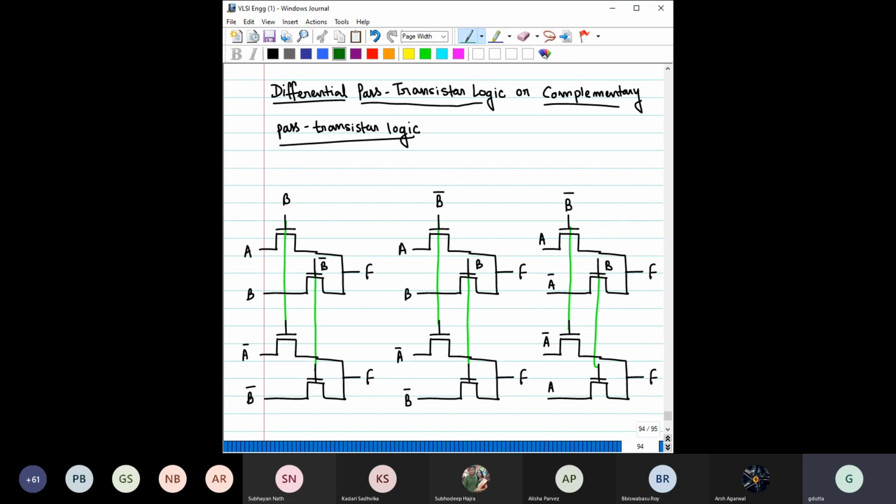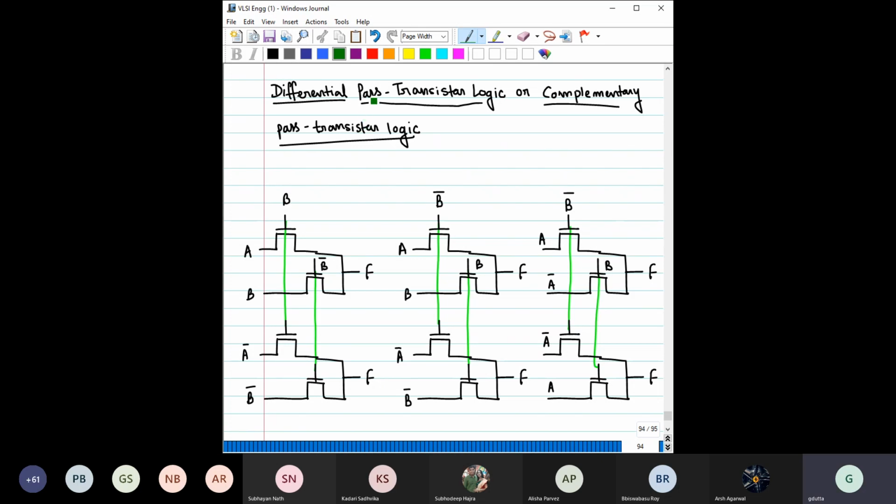If you are making OR, then also design NOR at the same time. Means you design two complementary things simultaneously, and when you design it like that, it is called differential pass transistor logic or complementary pass transistor logic, because then you have both F as well as F bar available. That is the whole motto of this.